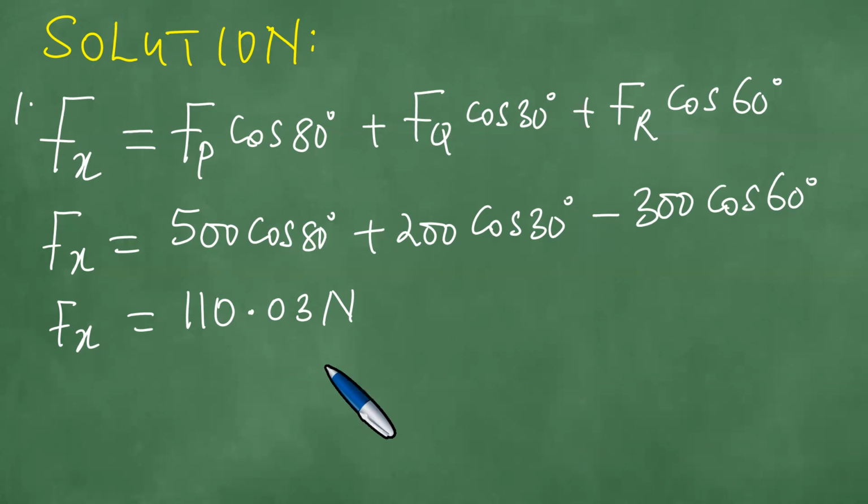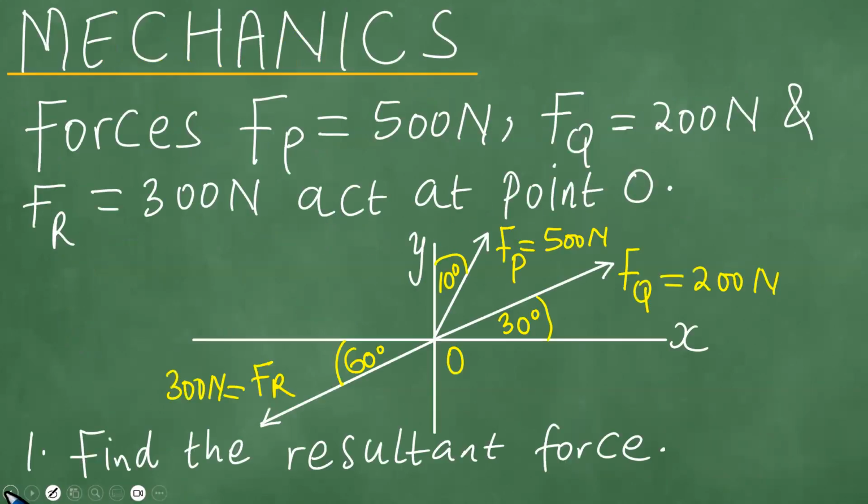Right. Next, we find the vector sum of all the forces in the y direction. So that's going to be Fy, which is Fp in the y direction. Now, what do we have? Okay, let's analyze that.